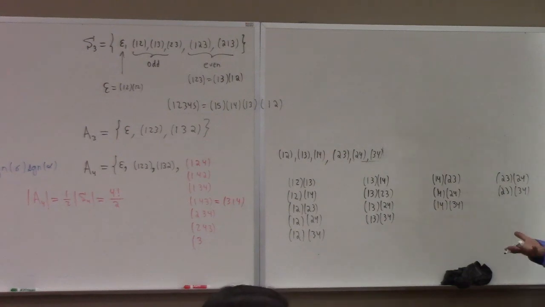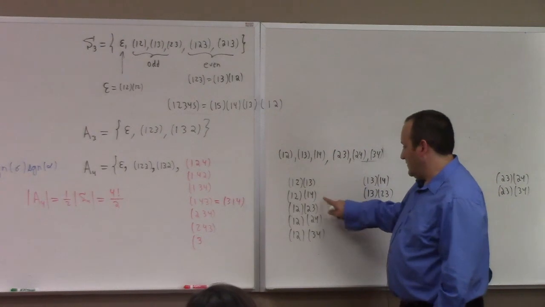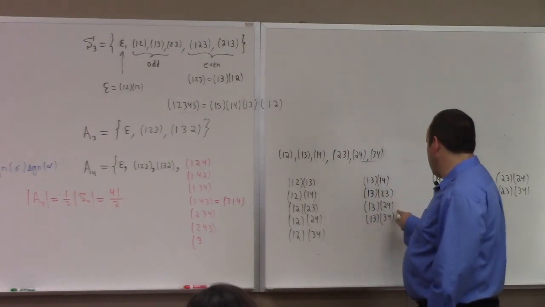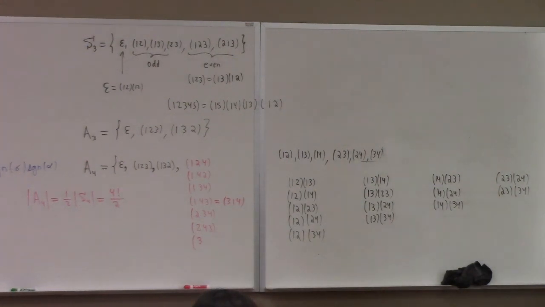How many are there? I mean, these are even by construction, right? 1, 2, 3, 4, 5, 6, 7, 8, 9, 10, 11, 12, 13, 14, 15. Oh no! We want 12, right? I mean, there's also the identity.